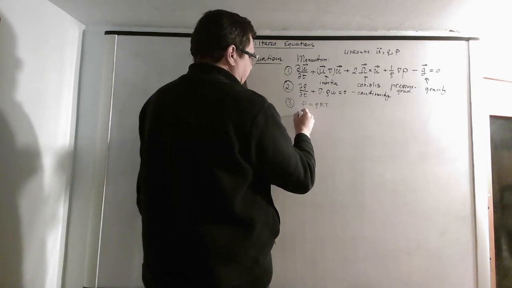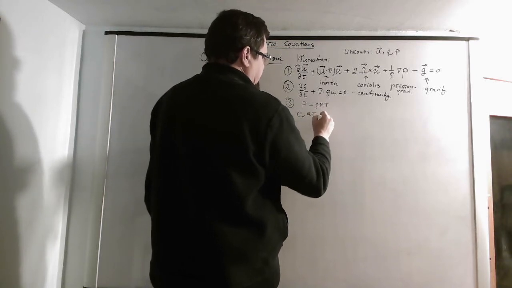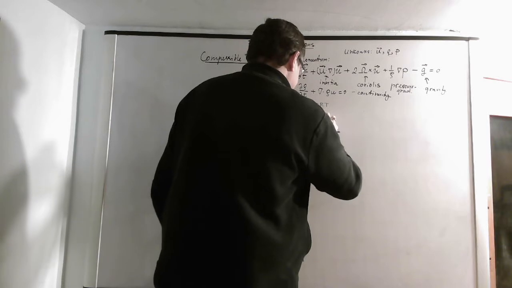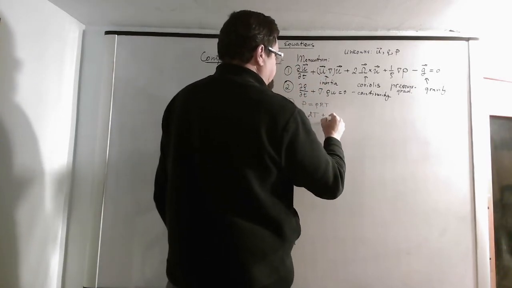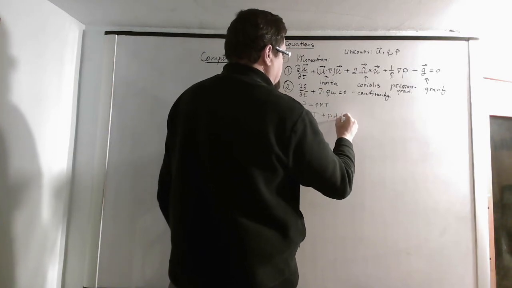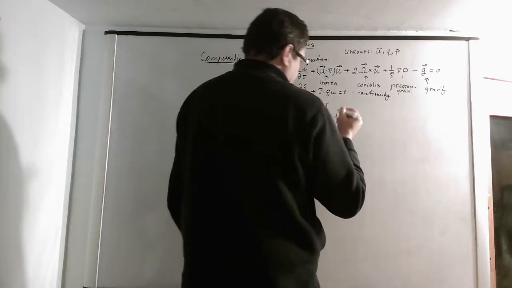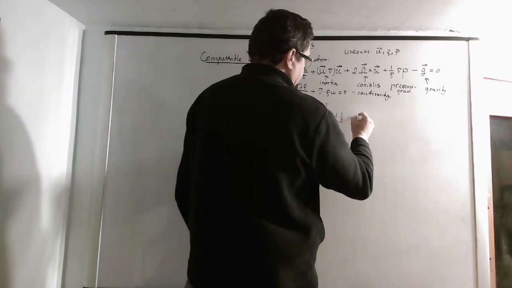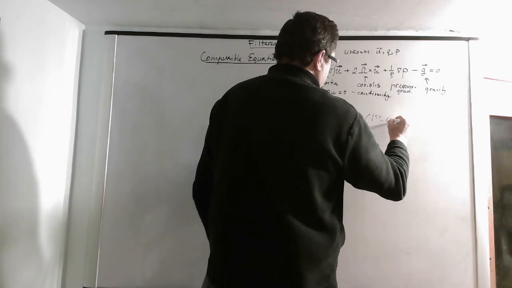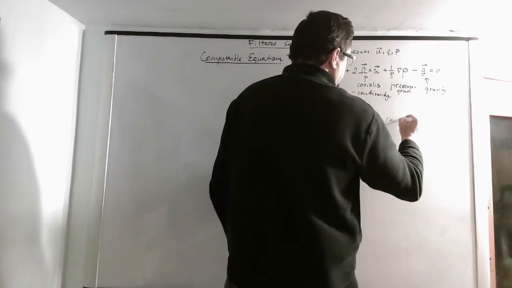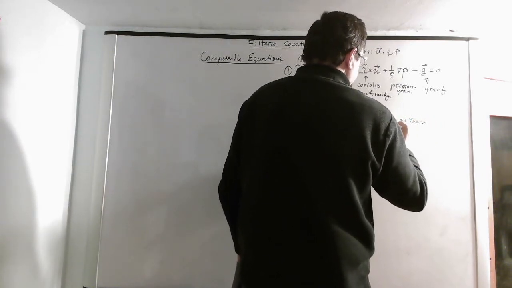Then we'll write that Cv dT plus P d(1 over rho), so it's P dV, specific volume per unit mass, equals to 0. This is the first law of thermodynamics, adiabatic form.